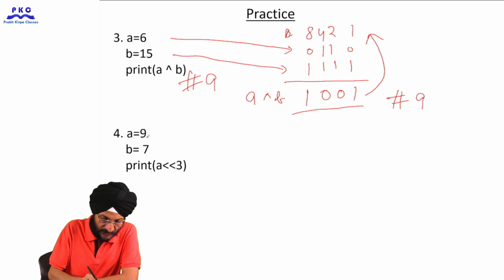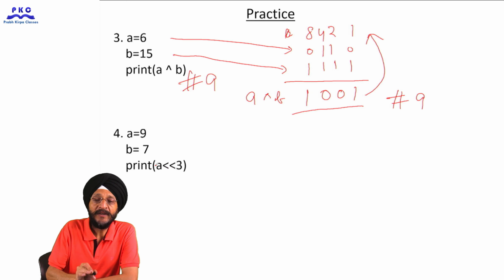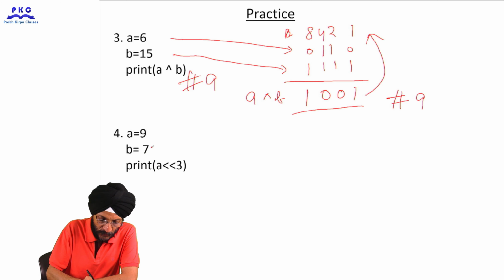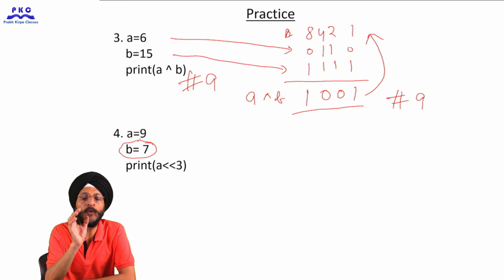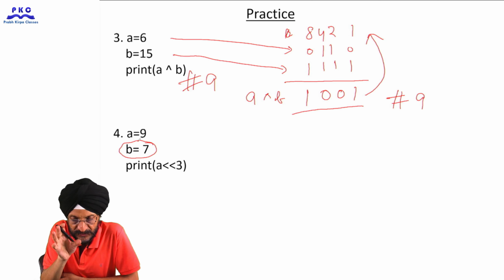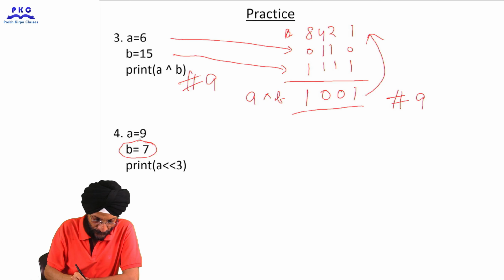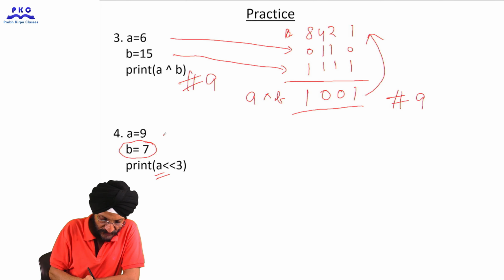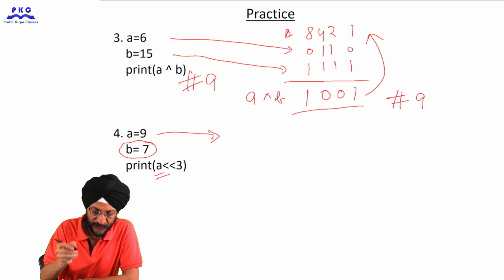So here in the fourth question, it is given A is equal to 9, B is 7, print A bitwise left shift 3. The value of B has been given only to confuse us. There is no need of this value because we are concerned only with A. We will convert 9 into individual bits.